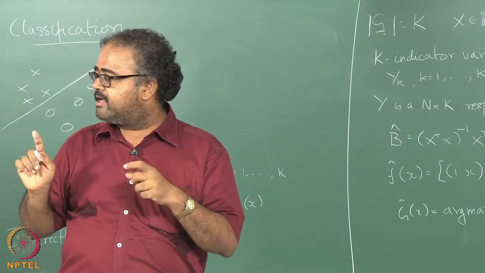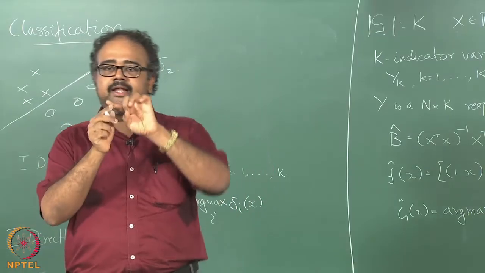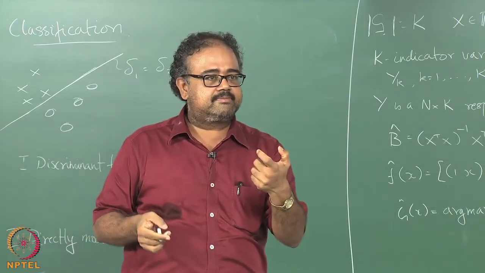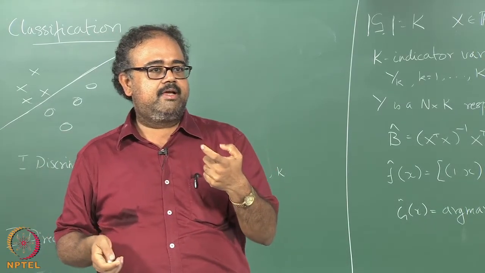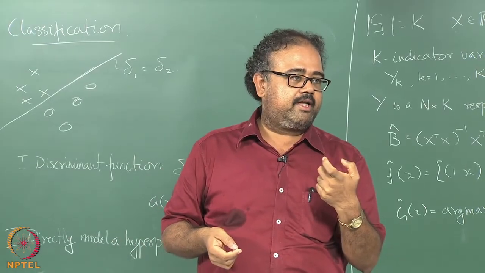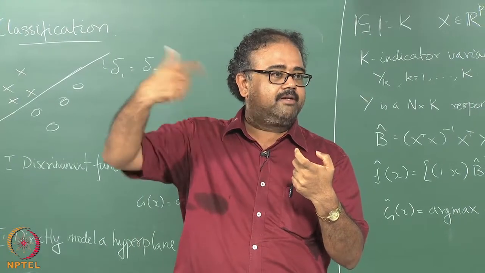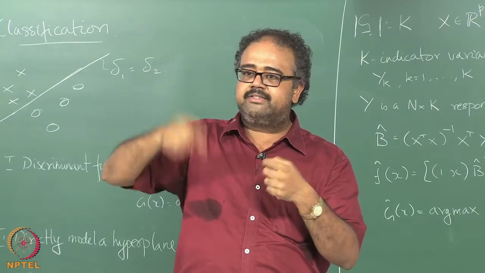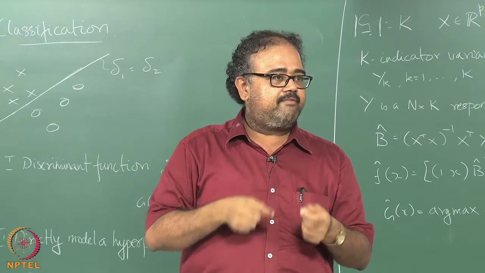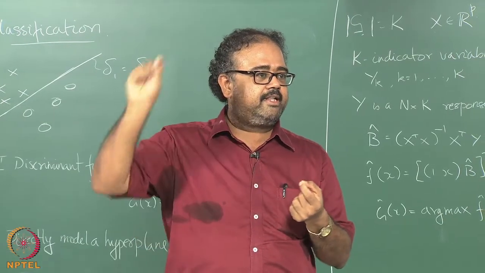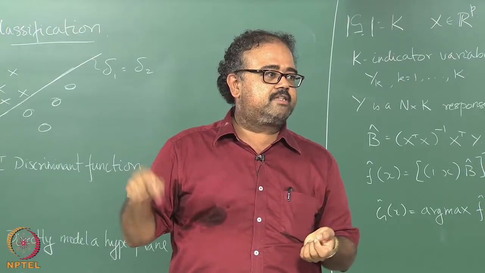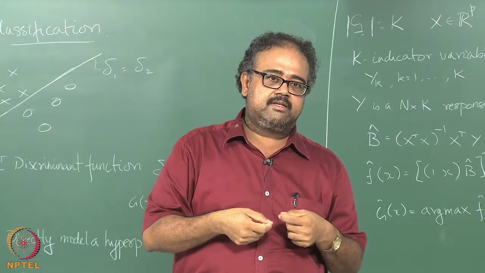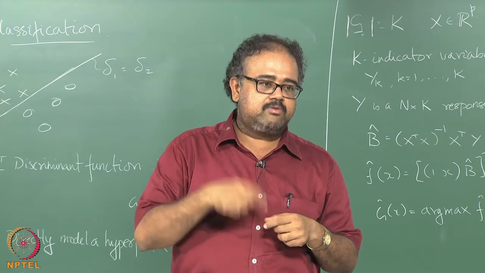So if you look at the expected output that you should get for a particular x, okay, what is the average number of times it is going to be 1? If I am going to see the x again and again, whenever that x belongs to class 3, the output will be 1. When the x does not belong to class 3, the output will be 0, right. However many times I see x, okay, what is the output I expect?